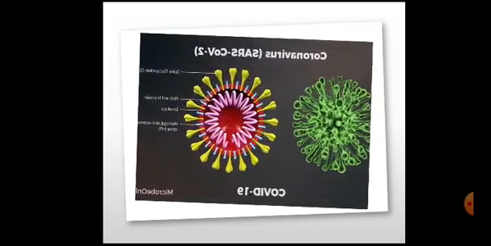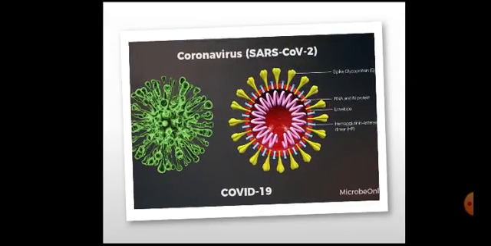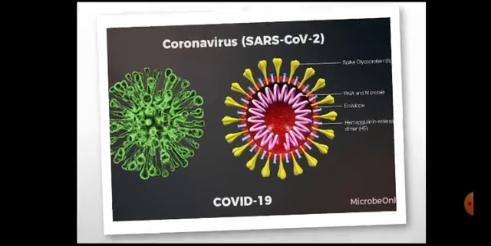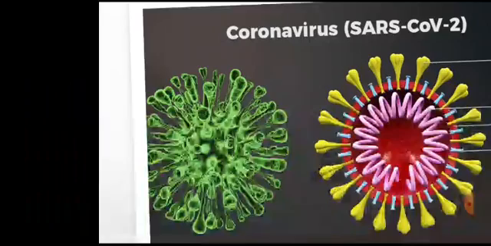This is what we are facing as a problem nowadays. COVID-19 coronavirus, which is also called SARS-CoV-2, severe acute respiratory syndrome coronavirus. This is the structure of the coronavirus, spherical shape.